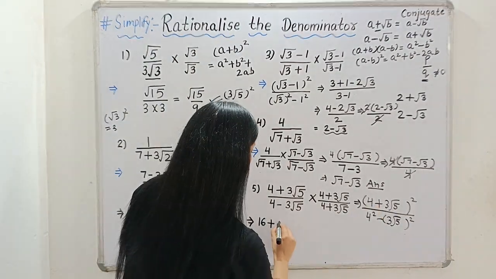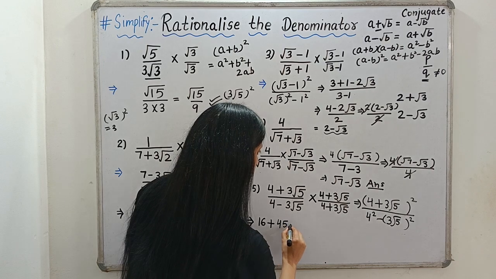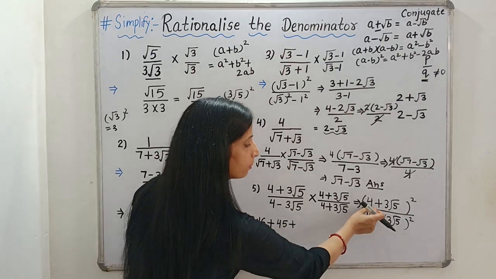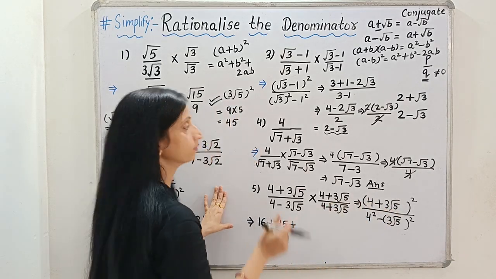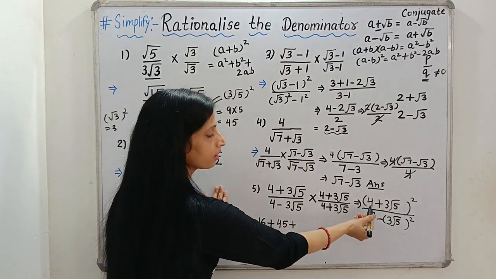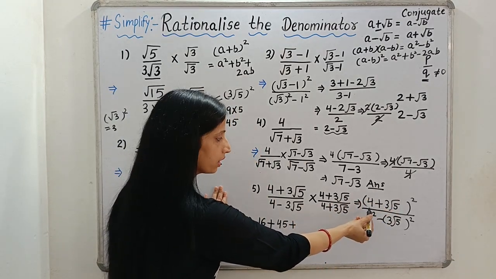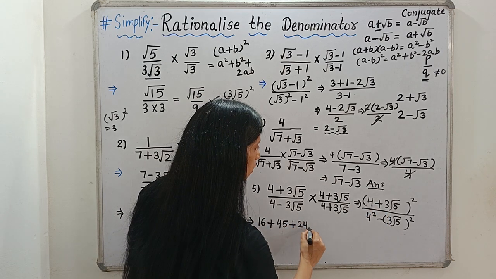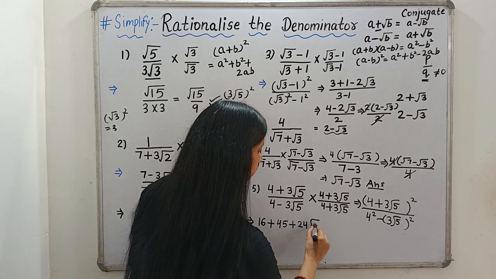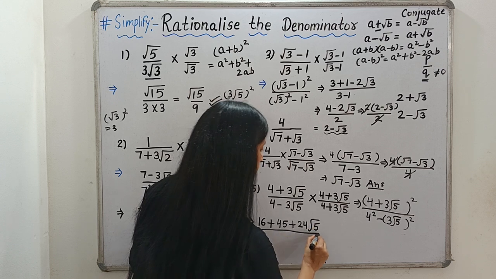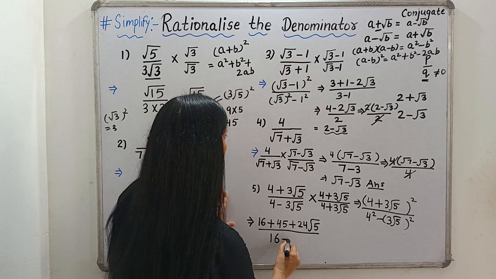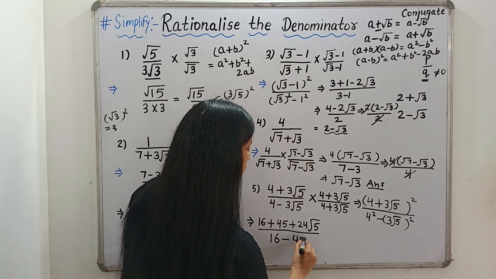So b square is 45 plus 2ab means 2 multiplied by 4 multiplied by 3. So 2 4s are 8. Okay. 8 3s are 24. So we will get 24 root 5 upon a square means 16 minus b square is 45.